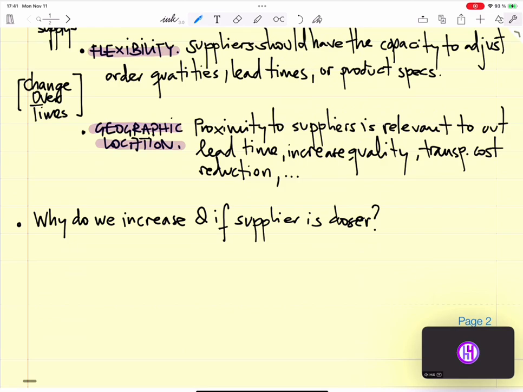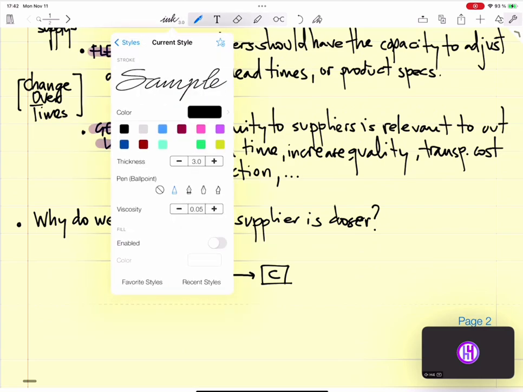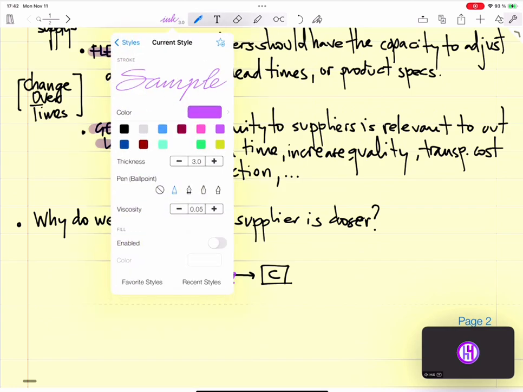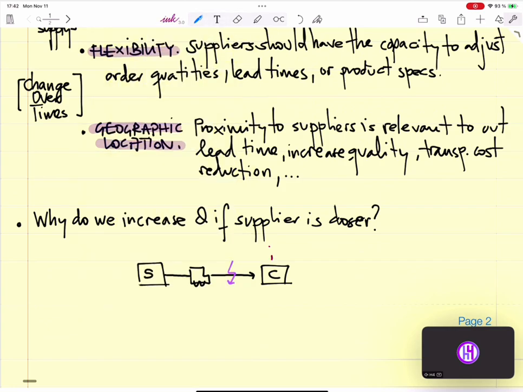Okay? So imagine we have a supplier and we have a customer, and the supplier produces and delivers the product, and then something happens on the way, some quality issue, and we discover this quality issue and give the supplier feedback.